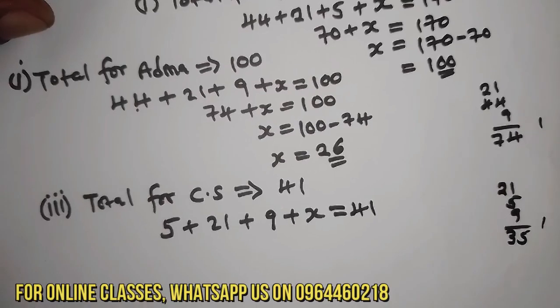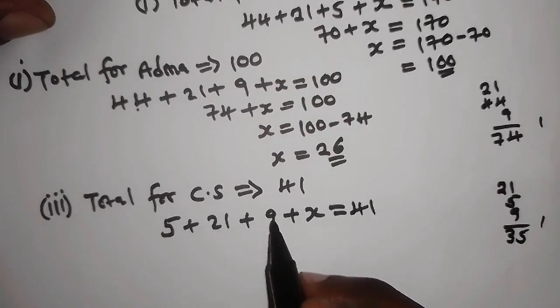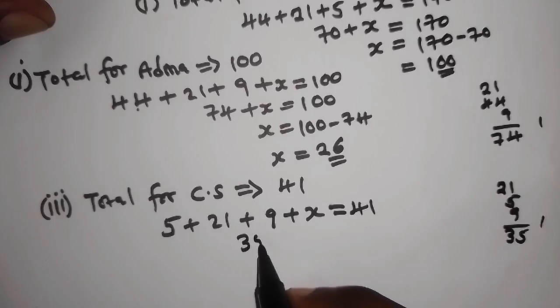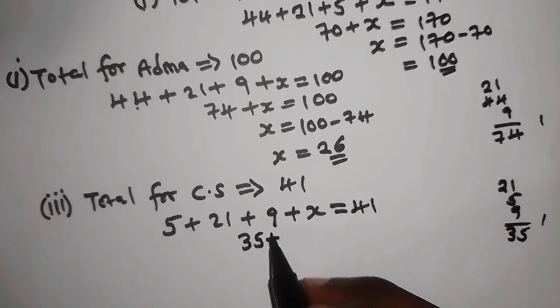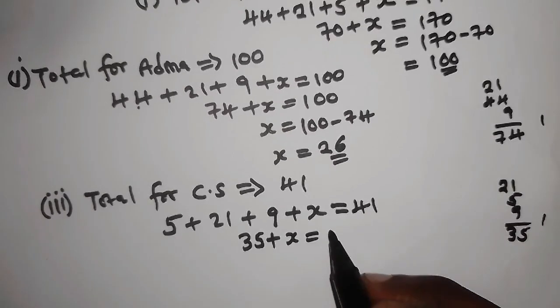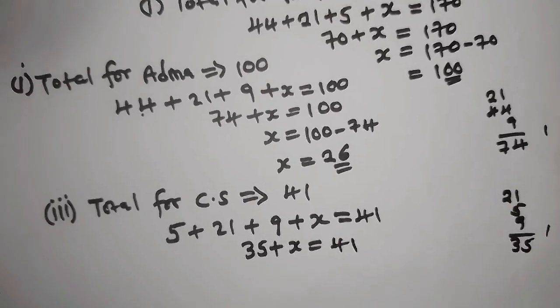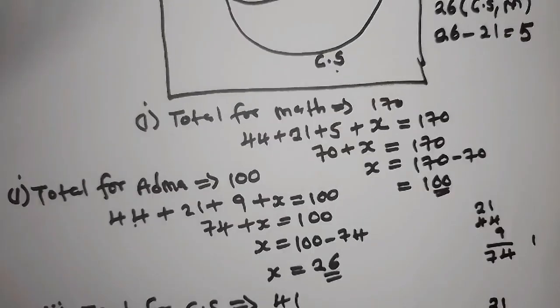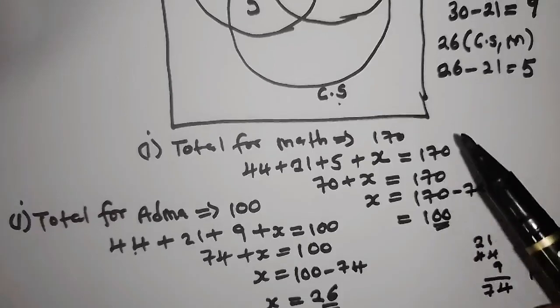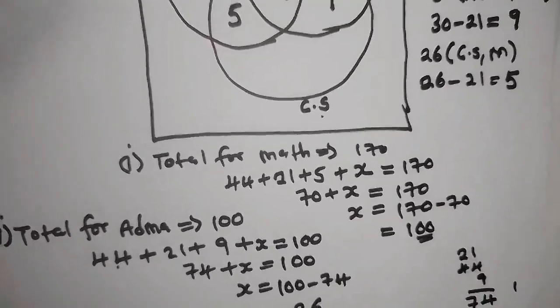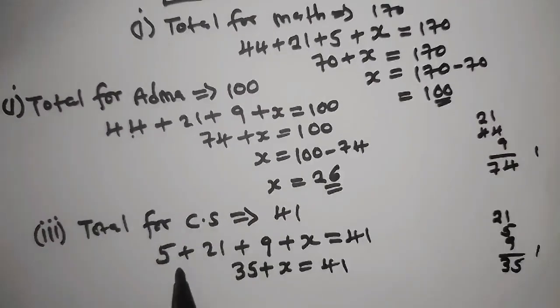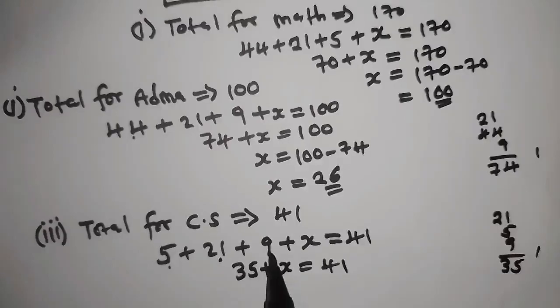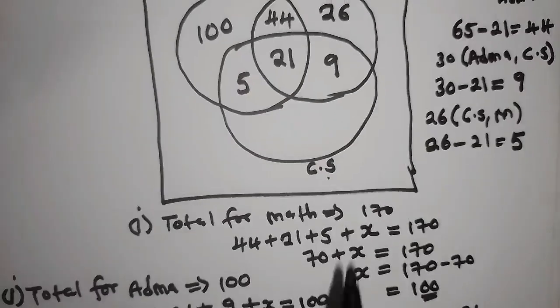So this is 35. So this plus this plus this, it is giving us 35 plus the x there equals to 41. Remember that for us to get this information, we just used this part.